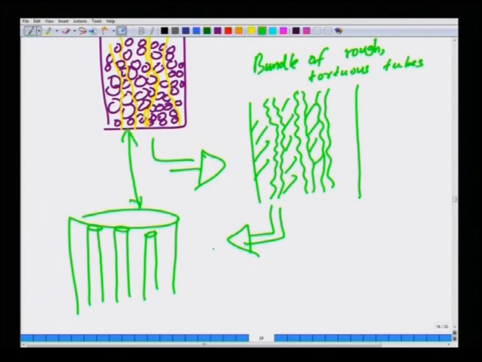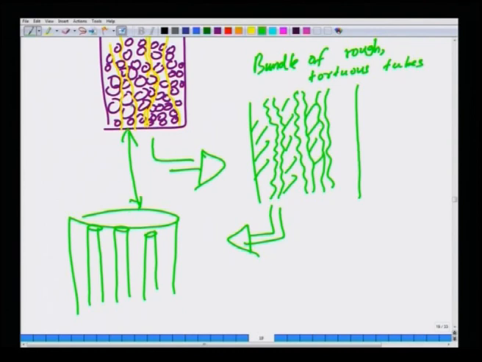So, we are going to think of flow through a packed bed as a flow through a bundle of tubes, although in reality these tubes are extremely complex in their cross section and very corrugated, but we are going to assume that this is going to look like a straight tube.